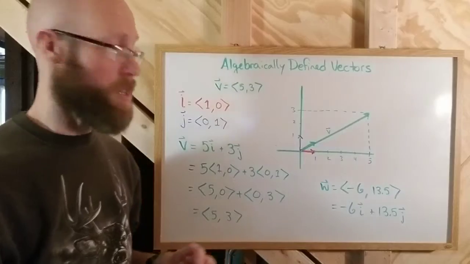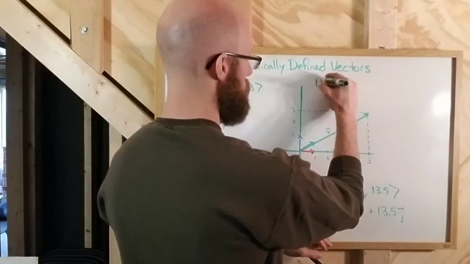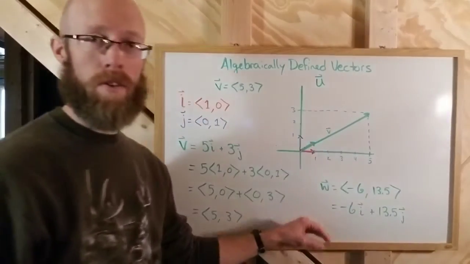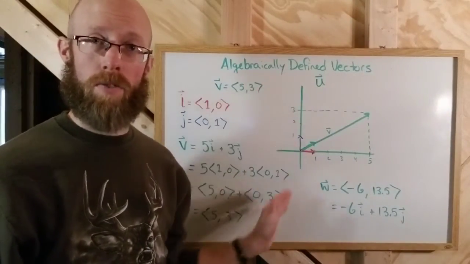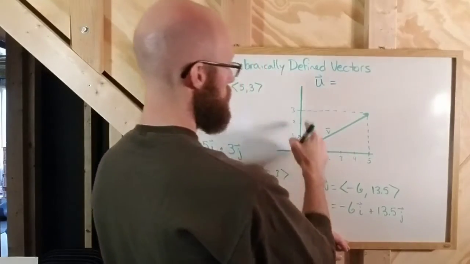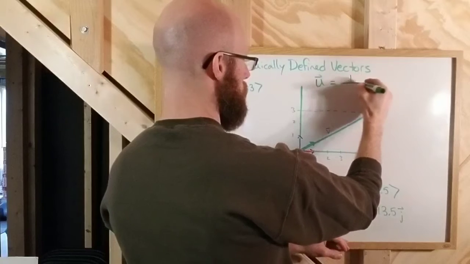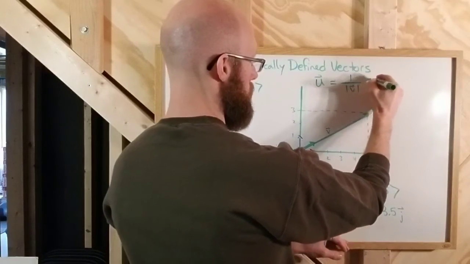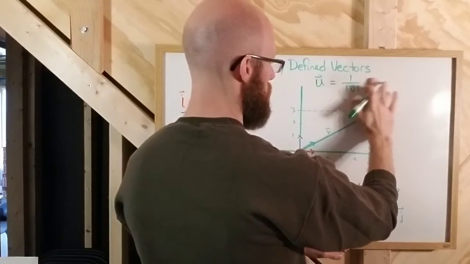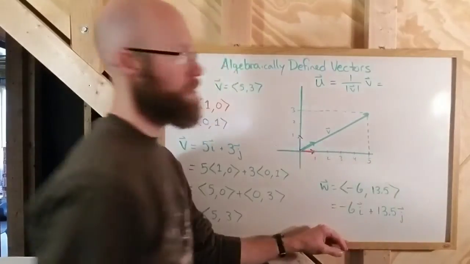It's kind of an interesting concept. If I were to think of this as vector u, I'll use u for unit vector. If u is a unit vector in the direction of v, then I would take vector u to be 1 over the magnitude of v times vector v.